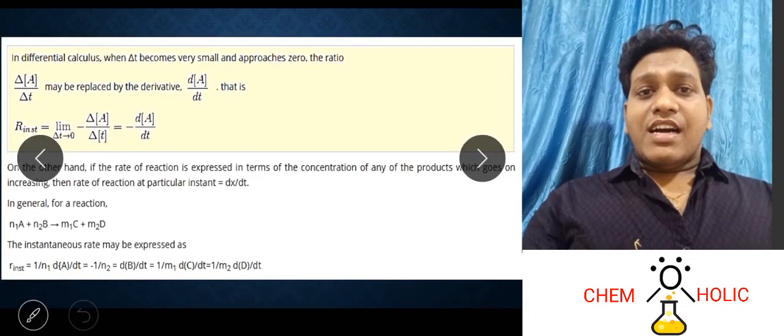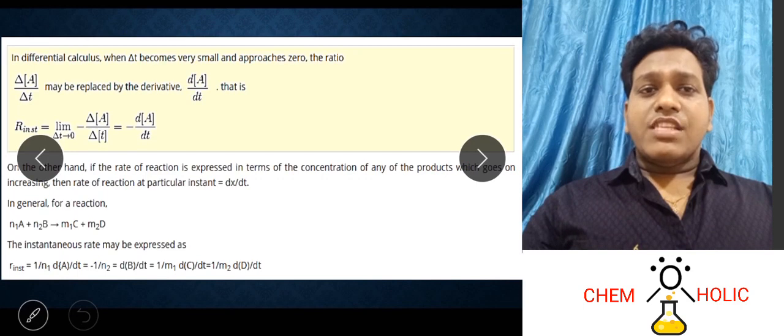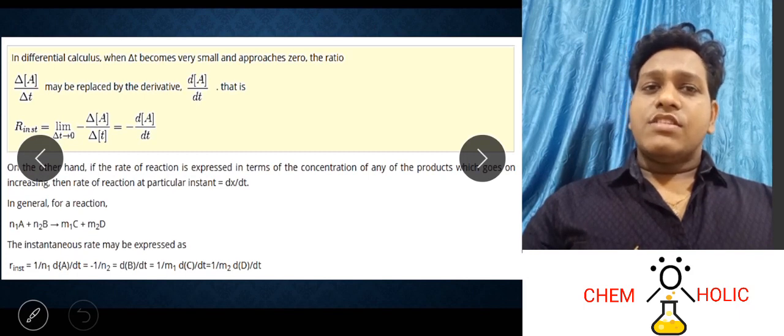If we discuss in detail, we can see in differential calculus that when delta t becomes very small and approaches 0, the ratio becomes dA upon dt. Why dA? Because a very small change in concentration will be there and a very small time will be there.